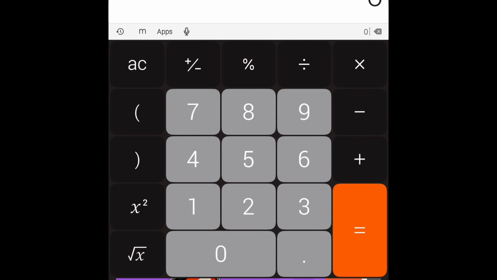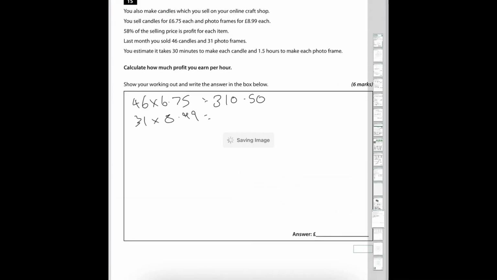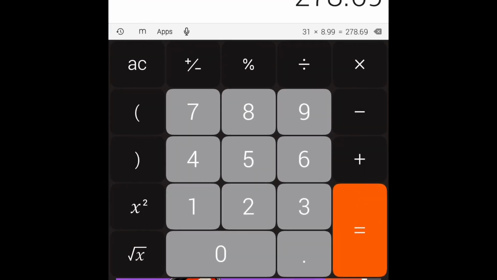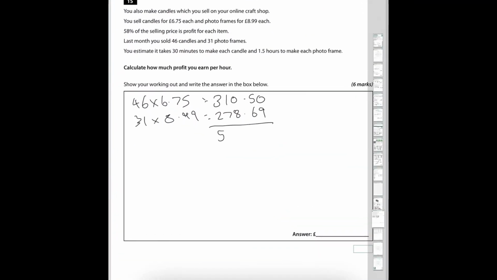And then we do 31 by 8.99. It's 278.69. Okay, so let's add those up. 589.19.